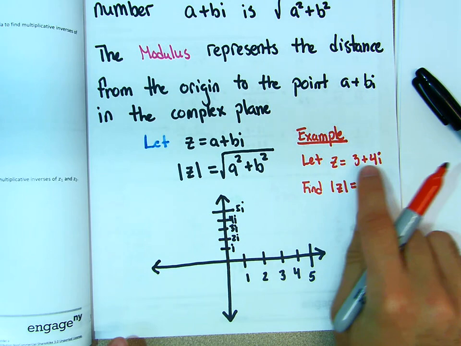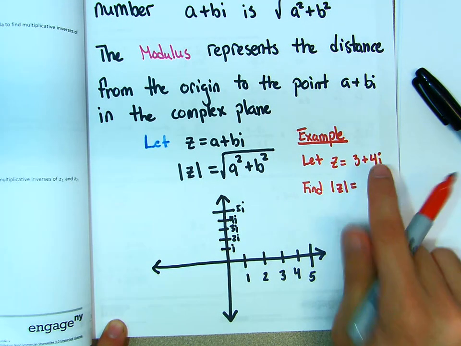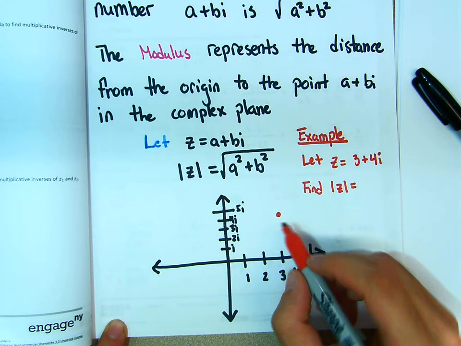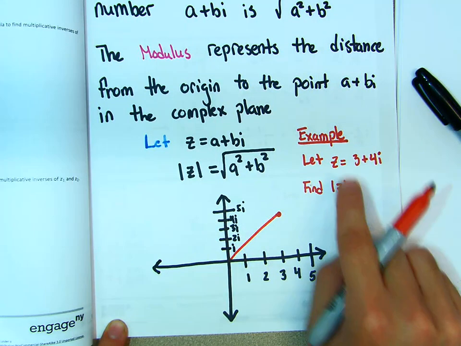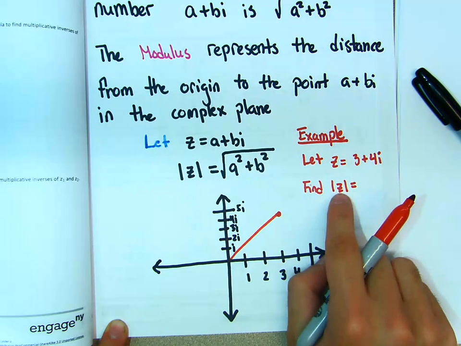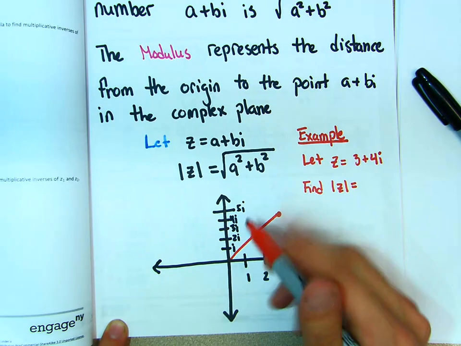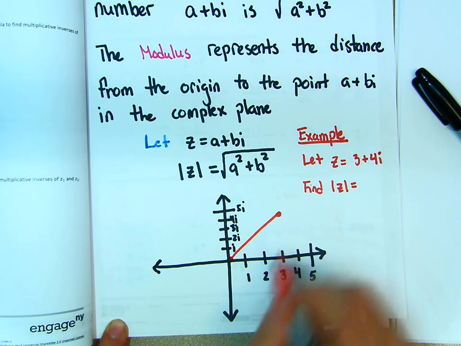Let z equal 3 plus 4i. Where is 3 plus 4i? It's right here. My question is, this symbol, the modulus of z, represents the distance from the origin. If this is my origin, what is the distance from here to here?